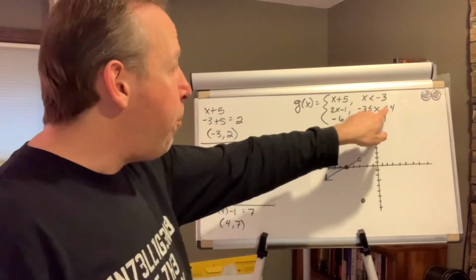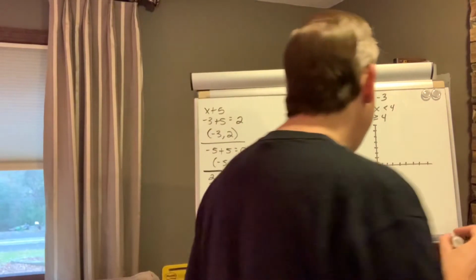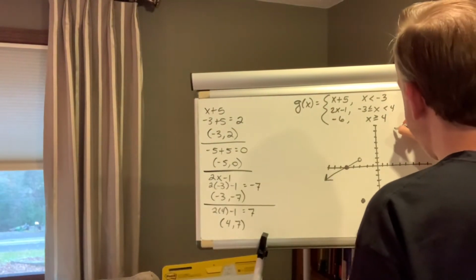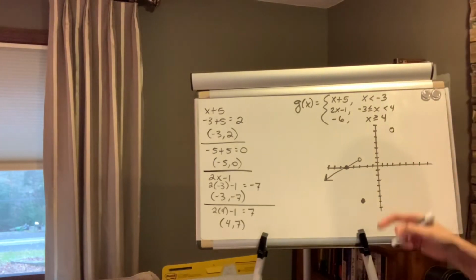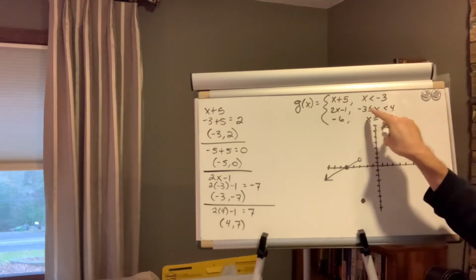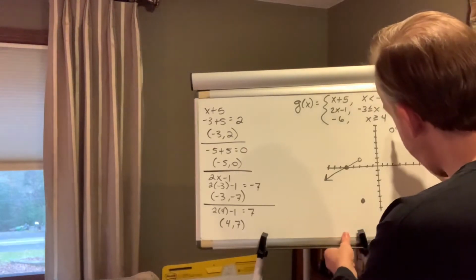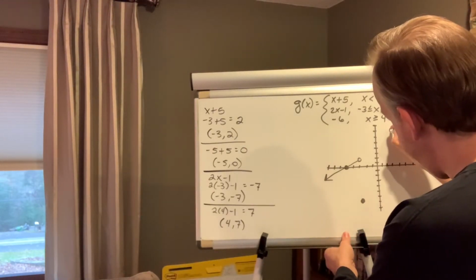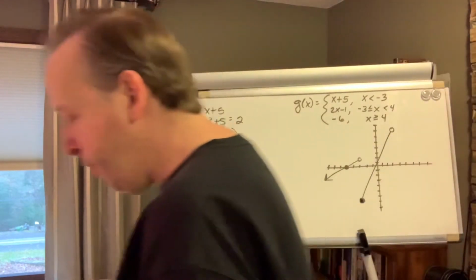Now it's going to be an open dot because it says less than, not or equal to. So we're going to go to 4 and then positive 7, way up here with an open dot, (4, 7). And because it begins and ends on that interval, I'm going to connect them with as straight a line as I can manage. Might not be perfect, but let's try it. Okay, better than I thought it would be.